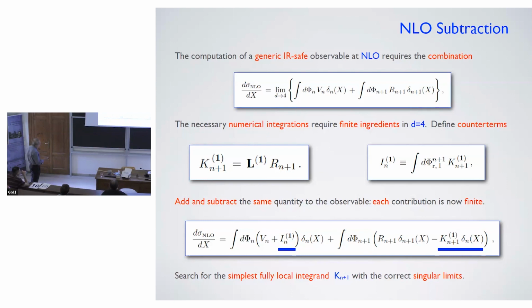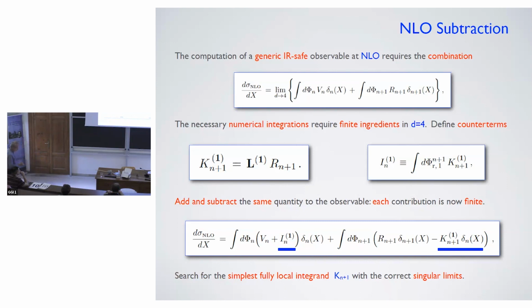And then you are supposed to be able to integrate that over the one-particle phase space. That will generate the infrared poles of the virtual matrix element with a minus sign. And then you build this object, in which you have added and subtracted the same exact quantity. And then this is finite in the n-particle phase space, the poles have cancelled, and this is finite and integrable in the n+1 particle phase space.